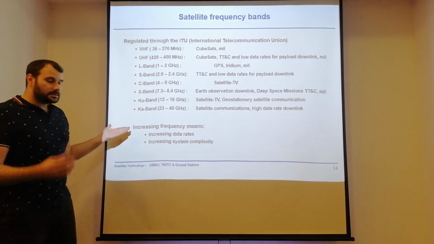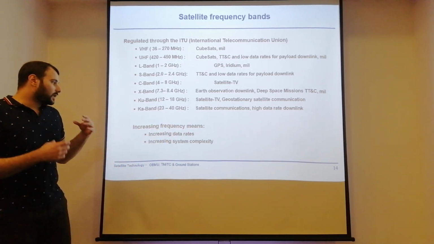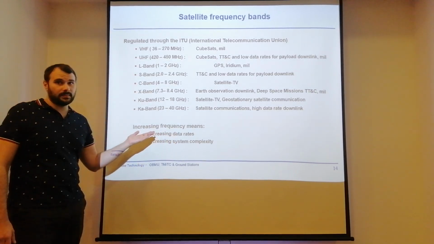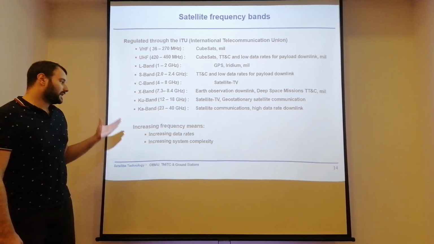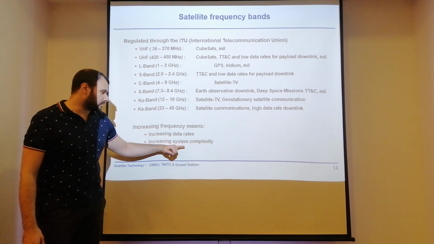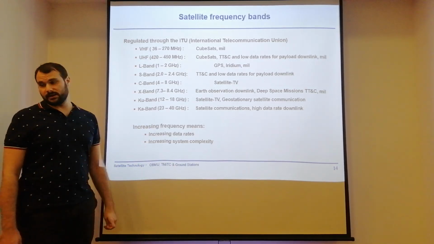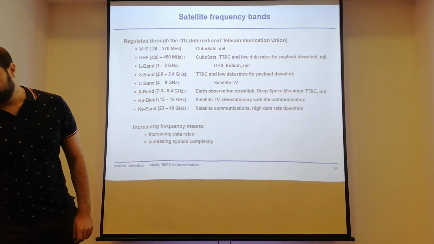However, we always need to keep in mind that increasing frequency goes hand in hand with increasing data rates. I mean, it gives us the potential to have higher data rates, but it also increases tremendously the system complexity. So as always, nothing comes for free.